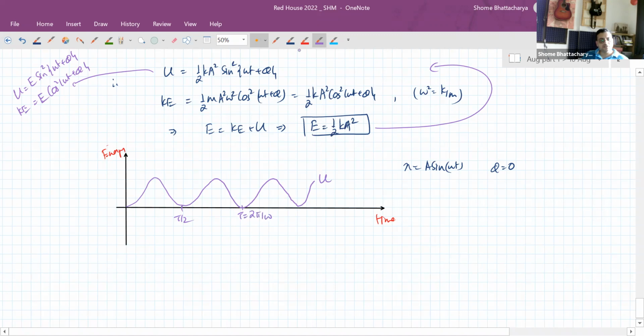Okay, so this is the potential energy, whereas the kinetic energy would be the cos square function. So that would look like this. And the total mechanical energy is going to be the sum, which is constant.